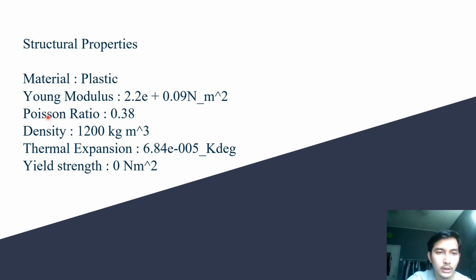Even though the Poisson ratio is in the region of a soft material, it is still strong because the density is 1200 kilogram per meter cubed. And the thermal expansion is 6.84E-05 per degree K, and the yield strength is 0 Newton per meter squared.